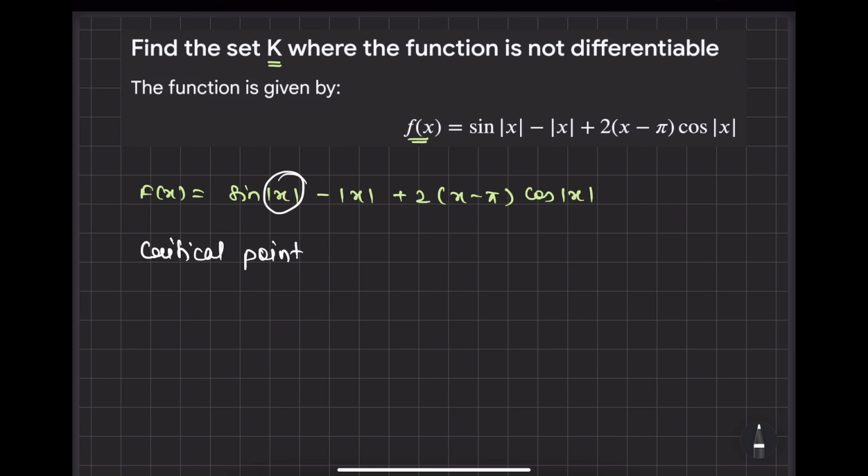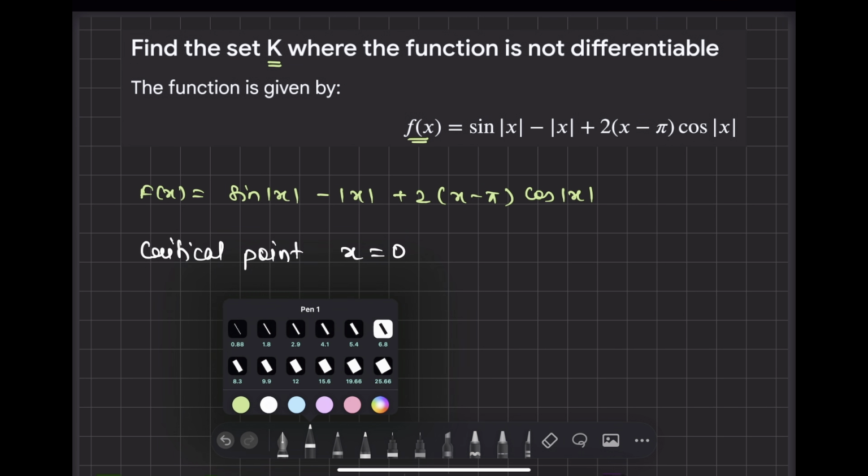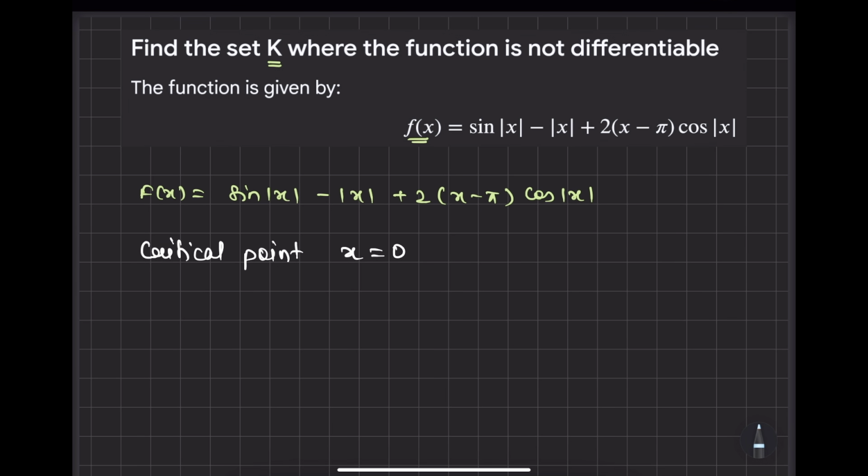Now look at this modulus function. You know that a modulus function has a problem at the vertex. Everywhere it is using mod x, so it will become 0 at x equals 0. So 0 is the critical point. So we have to check differentiability at x equals 0 only.